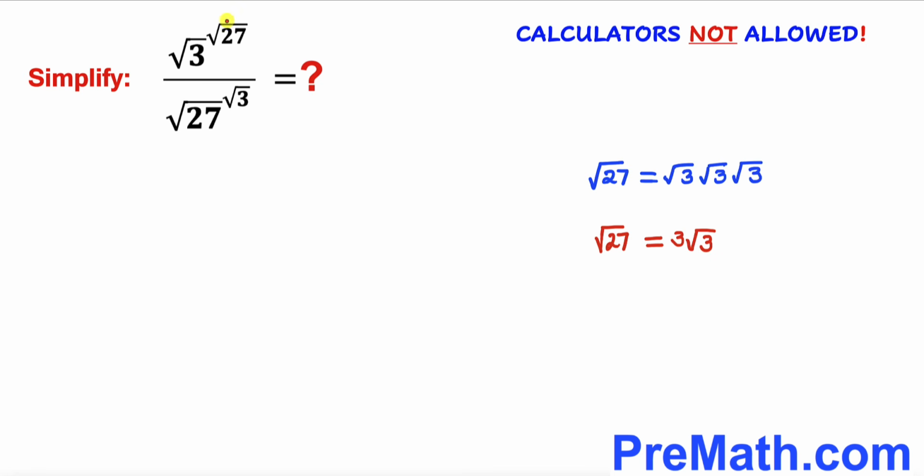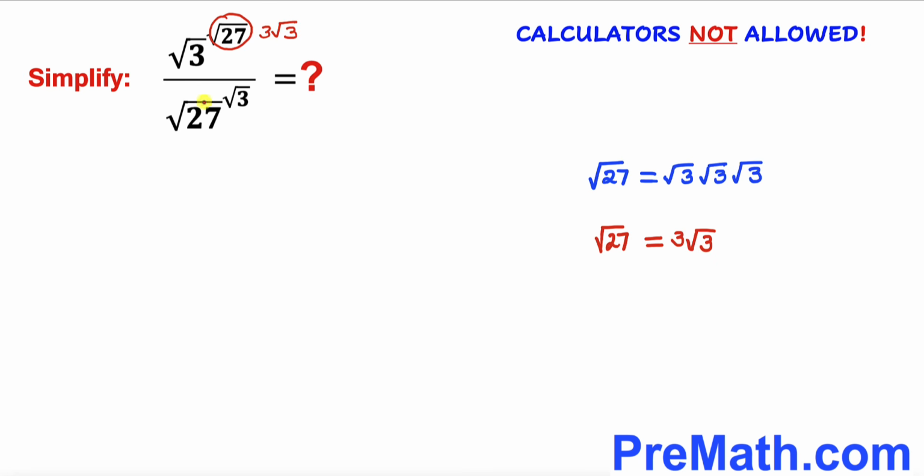And now let's focus on this exponent on the numerator. Our exponent over here is square root of 27. And we know square root of 27 is 3 times square root of 3. So therefore I am going to replace this square root of 27 with 3 times square root of 3 over here.